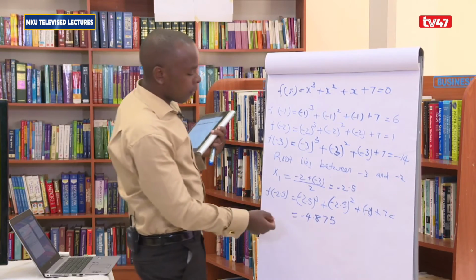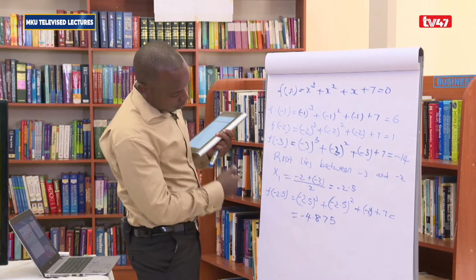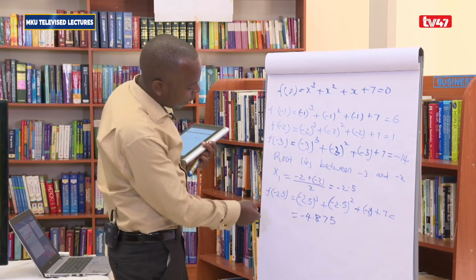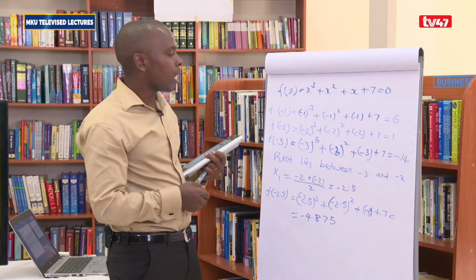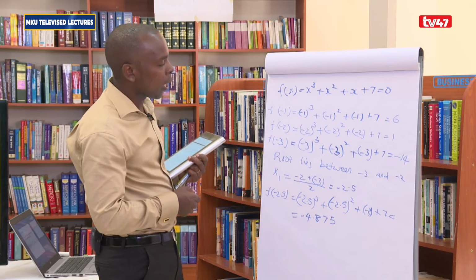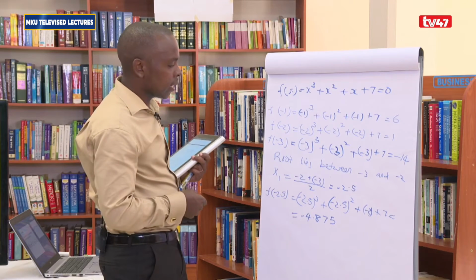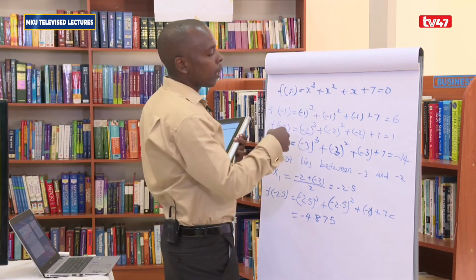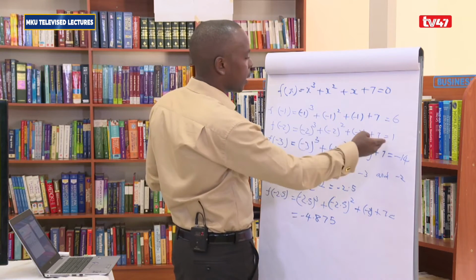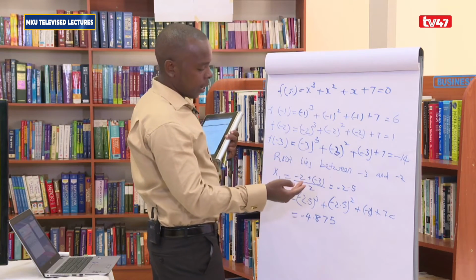So once we have computed the value of f of -2.5, our aim will be now to establish our new interval where the root lies. So the root will lie between the positive value that we obtained and the immediate negative.